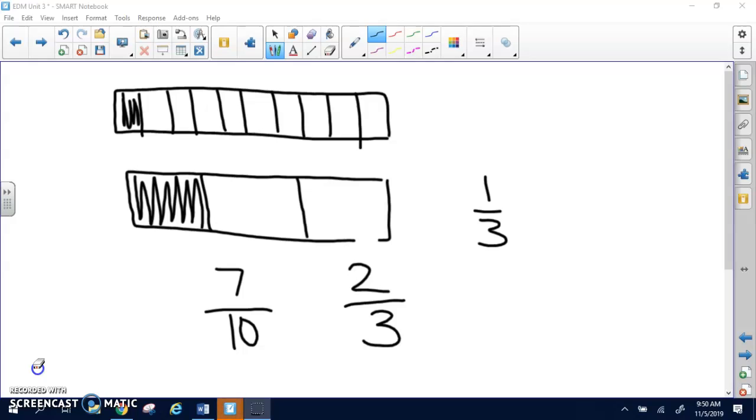So you think, okay, so the thirds have bigger pieces, but what does that mean if we're thinking in a backwards way, right? Oh, I'm sorry, I said 7/10. I should have said 9/10. Excuse me. Does that change your thinking? Tell me about that.